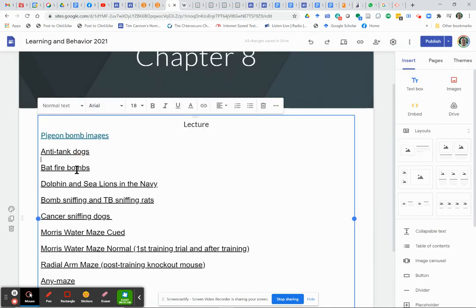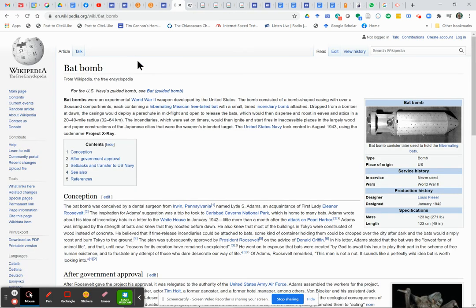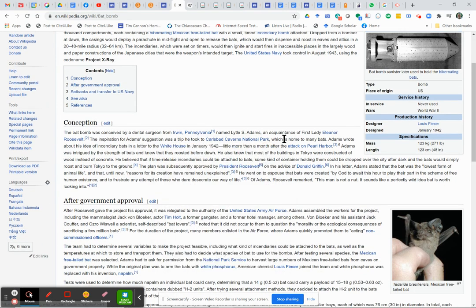And bats. You may or may not know that we firebombed Japan quite a bit, and their buildings were wood, and their roofs were pretty easy to set on fire, and we killed a lot of people with firebombs. And here the idea was they attached incendiary devices to bats, and they were actually flying them to Japan to use them, but the atomic bomb got there first.